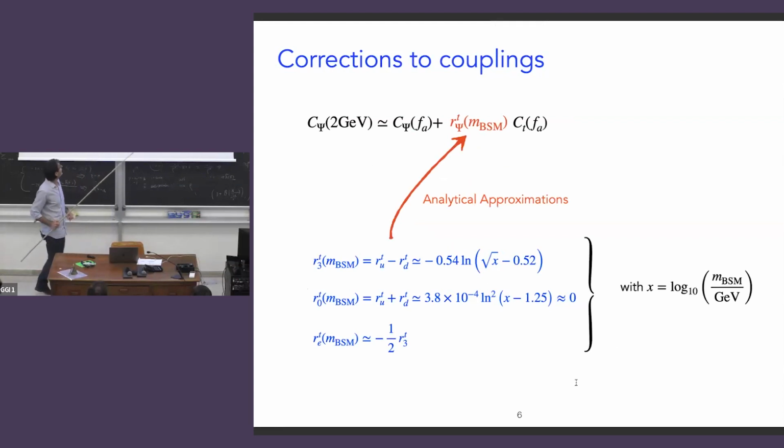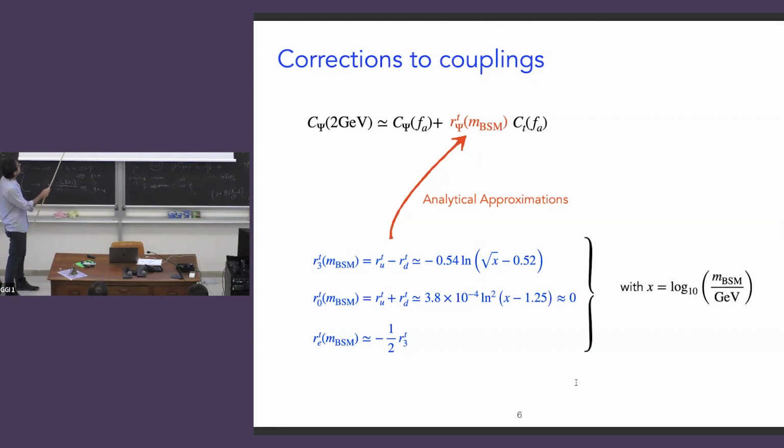So first of all, in the spirit of simplification as much as possible, because remember, I have in mind phenomenology, and phenomenology worries only about large things, right? The largest possible. So this can be expressed in terms of two combinations. Remember, psi can be up, down, or electron.